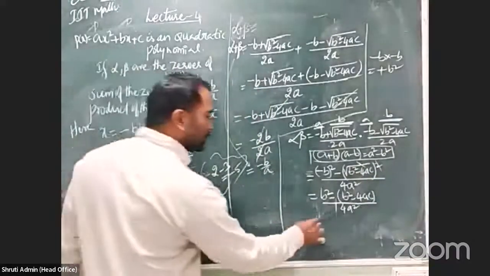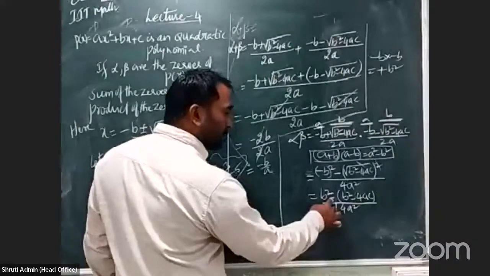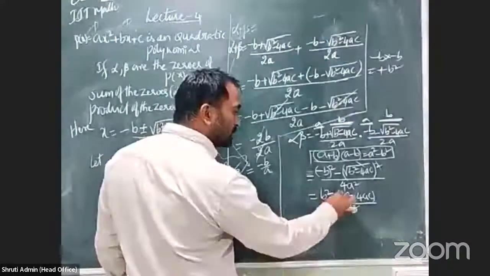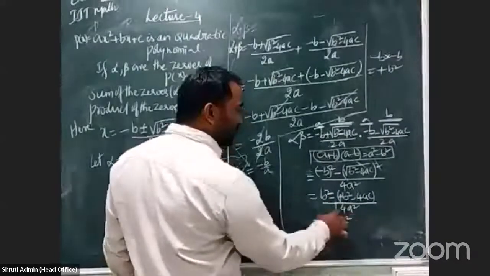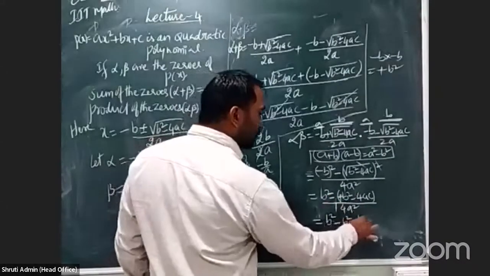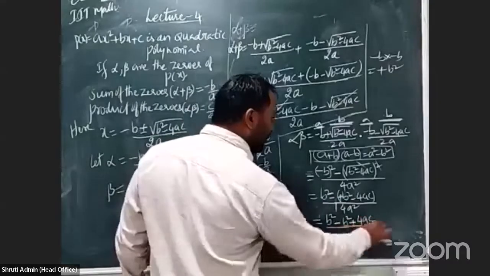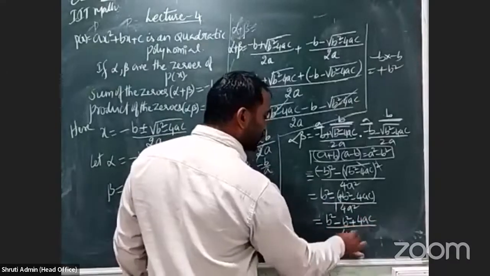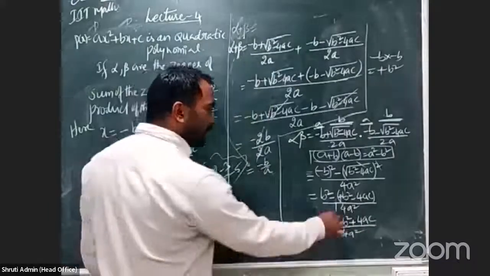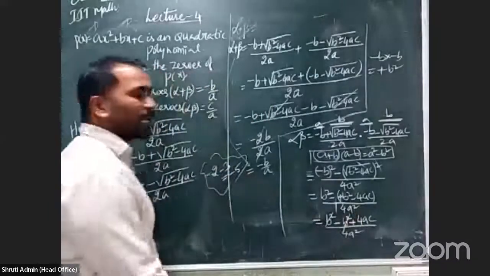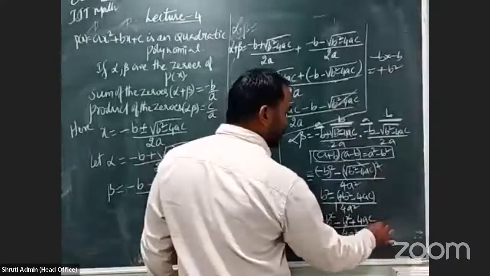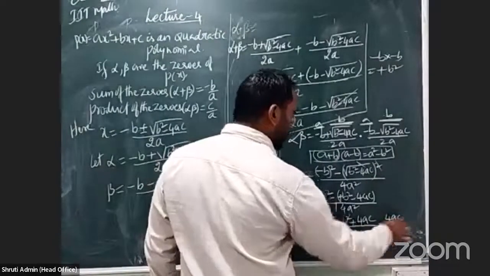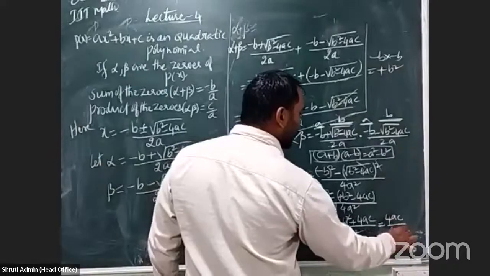Now b square here minus, here no sign is there means plus. Minus into plus is minus b square, minus into minus is plus 4ac by 4a square. Okay, now plus b square and minus b square cancel. What is left? 4ac by 4a square is left.